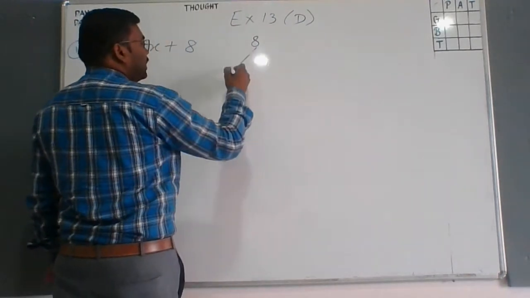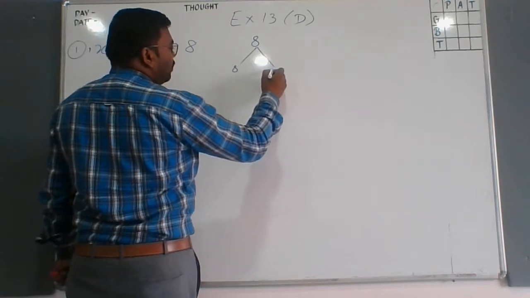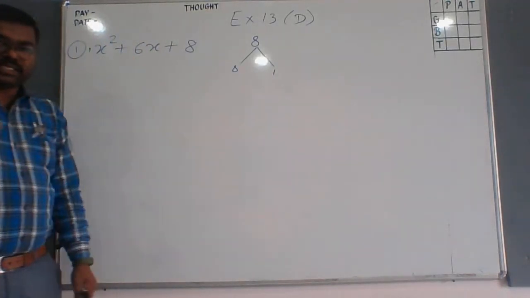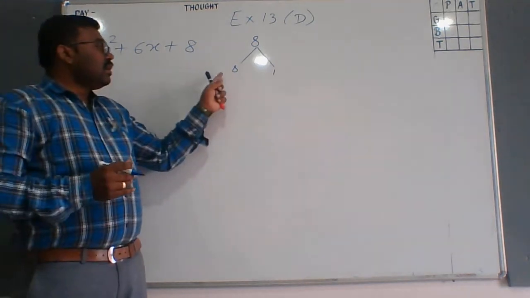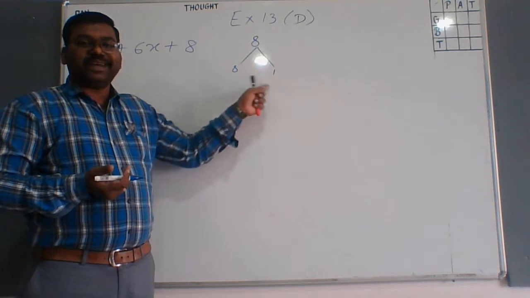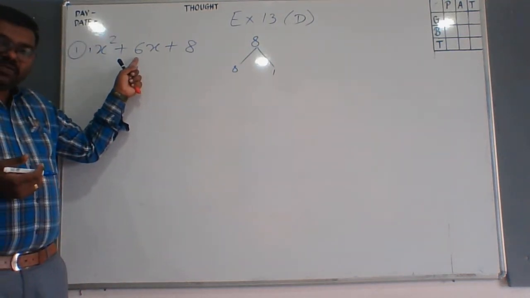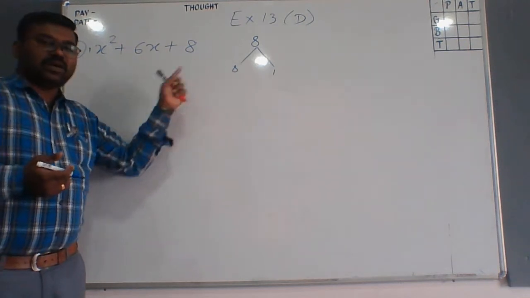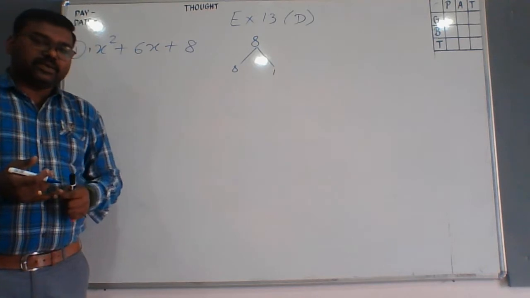Now factors of 8. The first factor pair is 8 and 1. The addition of 8 and 1 is 9, and the subtraction is 7, so we are not getting the middle term with these factors.